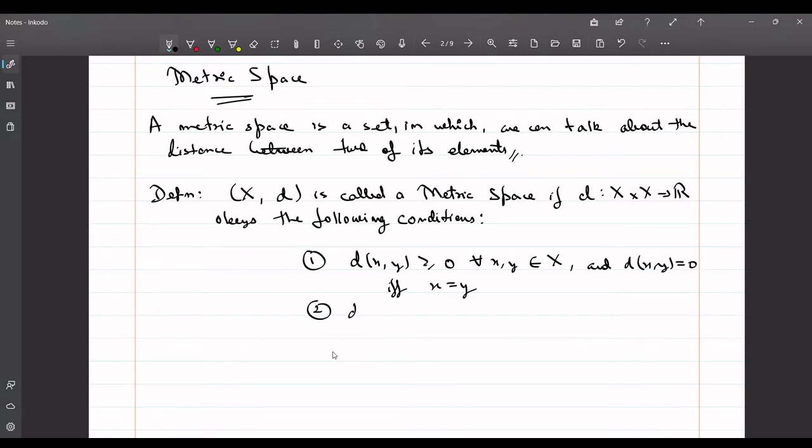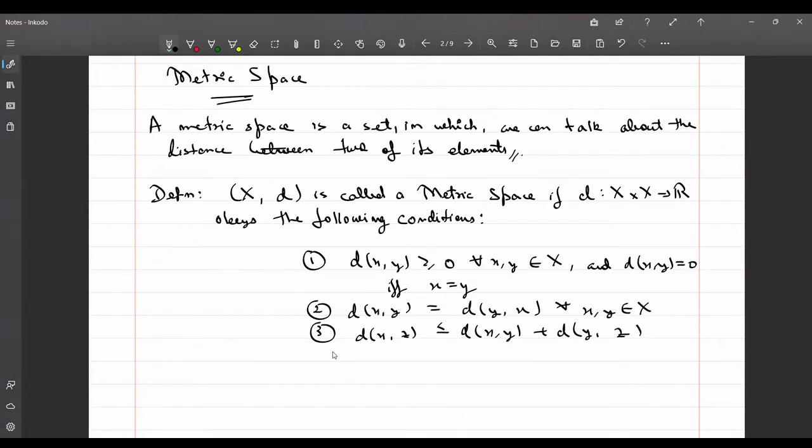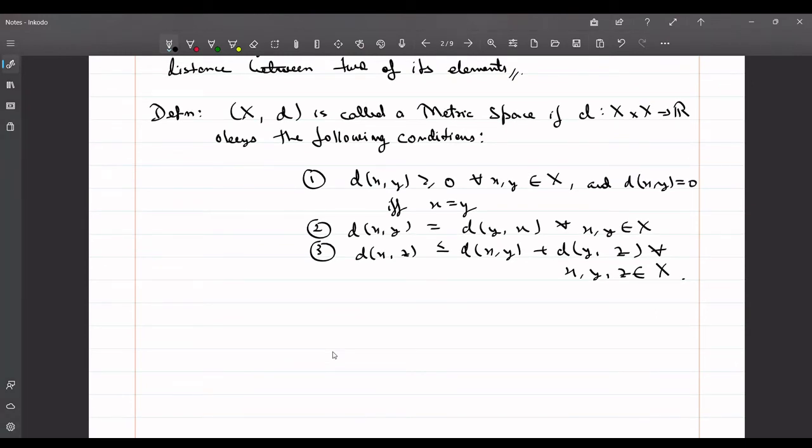Point number 2, D of xy is equal to D of yx for all x, y belonging to the set X. And point number 3, D of xz is always less than or equal to D of xy plus D of yz for all x, y, z belonging to the set X. This is the triangle inequality. Got it?